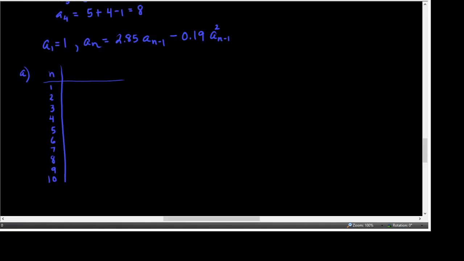So a sub n is going to be, for 1, a sub 1, first term is 1. That's good. Then for a sub 2, our a sub 1, our prior term is 1, so that's going to be 2.85 times 1 minus 0.19 times 1 squared, which is 2.66.